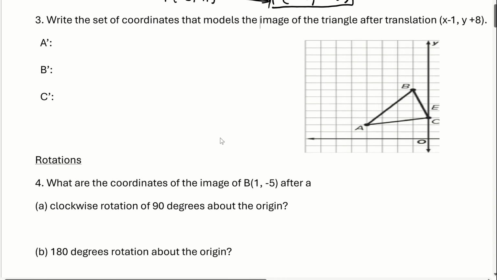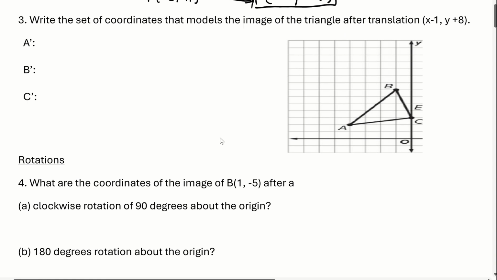All right, so for the next one, write a set of coordinates that models the image of the triangle after translation x minus 1, y plus 8. So you just got to subtract 1 and then add 8. So the coordinates of A are -4 and 2.